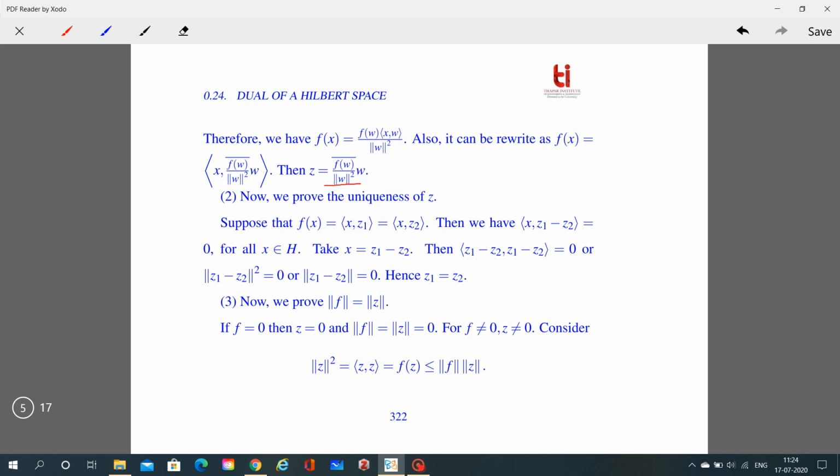Now in step number 2, we prove the uniqueness of such z. Suppose that f(x) = ⟨x, z1⟩ = ⟨x, z2⟩.